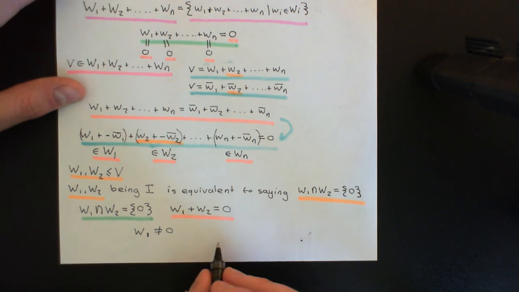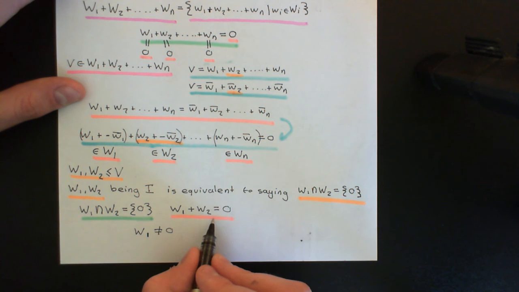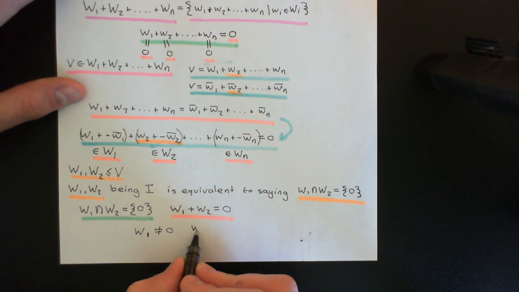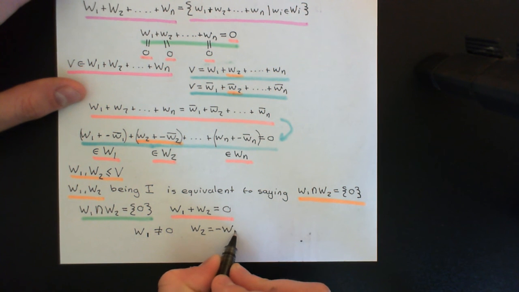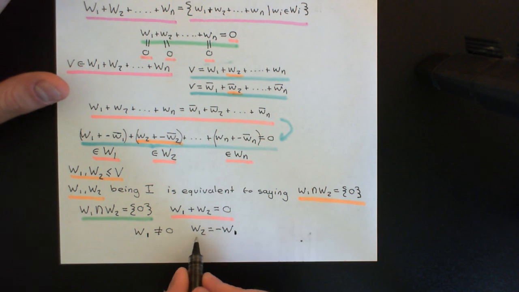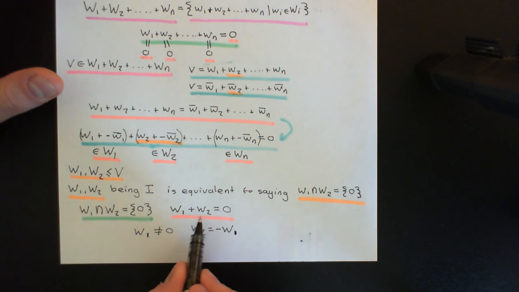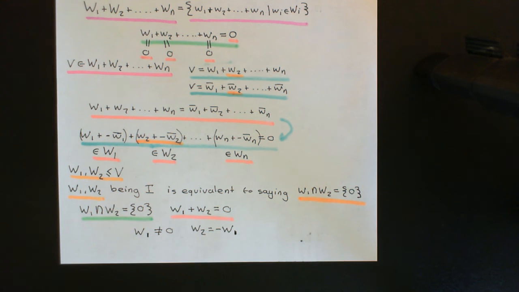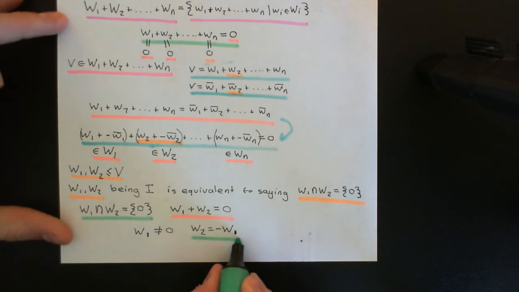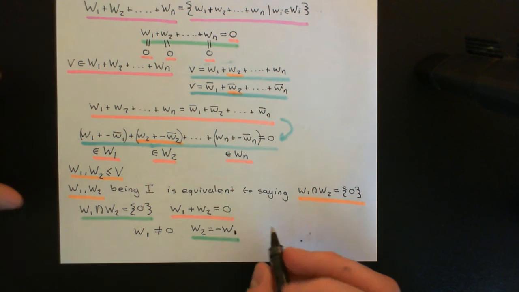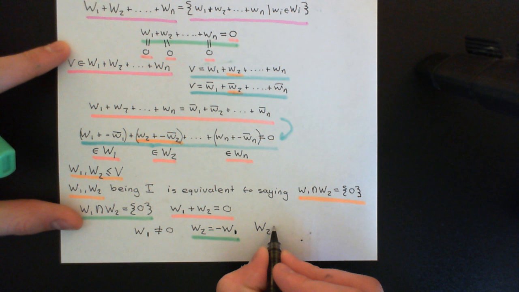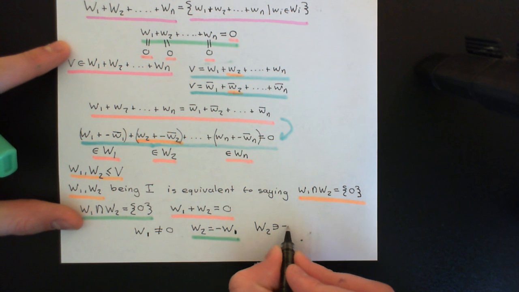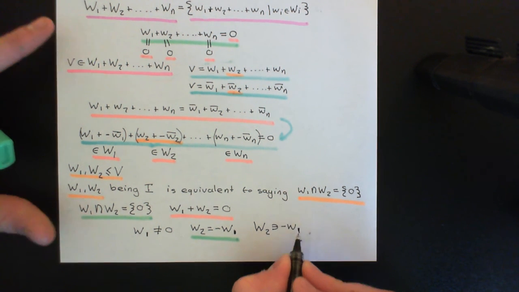Therefore, just looking at this statement, what does that mean about w2? It means that w2 is the additive inverse of w1. Just by definition, because w1 is adding to w2 to give the zero vector, w2 is the additive inverse of w1. And what that means is that the subspace capital W2 contains the additive inverse of w1.